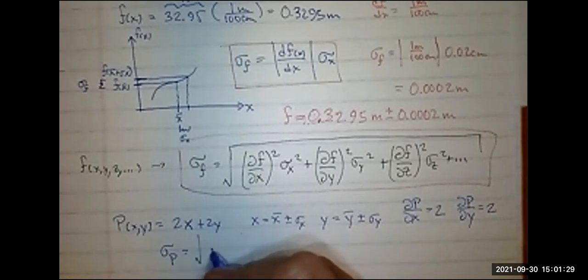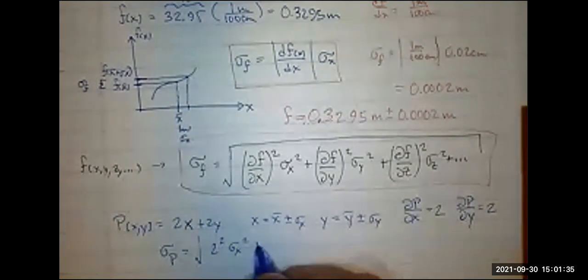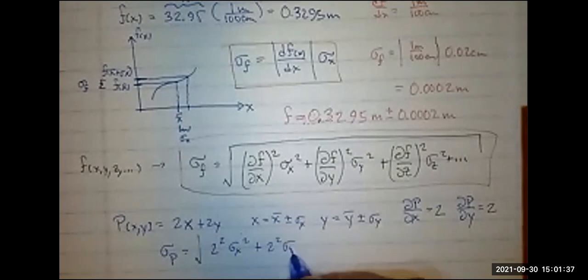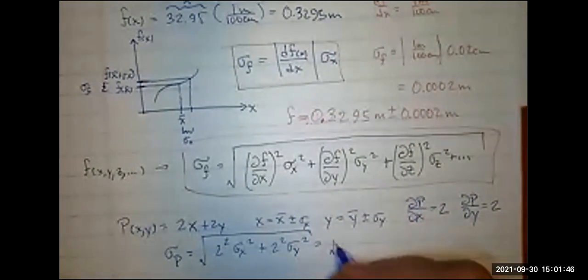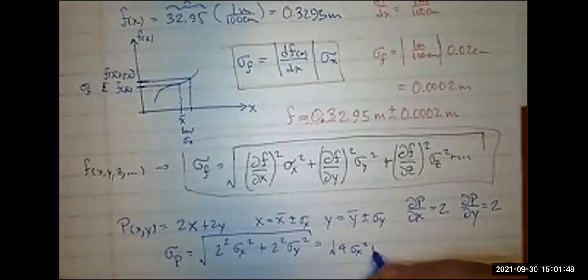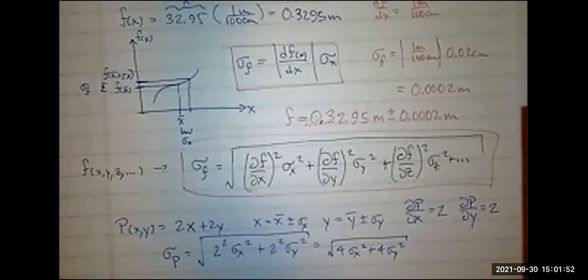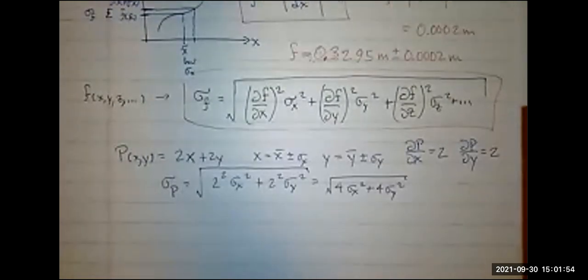Okay, so I'm going to say 2 squared sigma X squared, stealing that number right there, plus 2 squared sigma Y squared, stealing that number right there. So the uncertainty, in fact, would be the square root of 4 sigma X squared plus 4 sigma Y squared. That's easy, right?